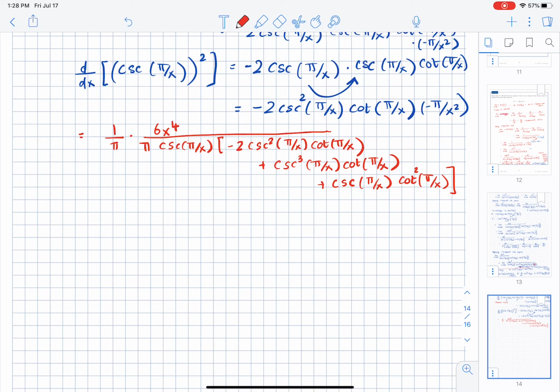So it seems like things keep on going. By looking at it, it seems like I'm going to get infinity over infinity again.